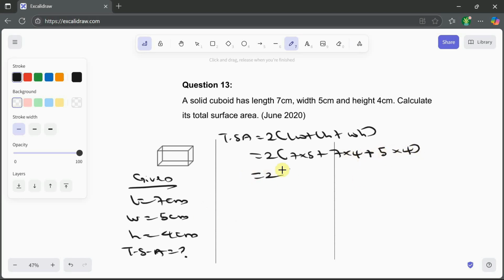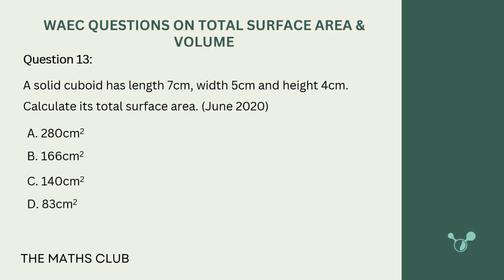This is 2 open brackets, 35 plus 28 plus 20. So you take a calculator, 35 plus 28 plus 20, and this is 83. So this is 2 times 83. Multiplying this by 2 gives you 166 centimeter squared. So this is the total surface area of this cuboid. Let's see if we're correct. That will be option B.